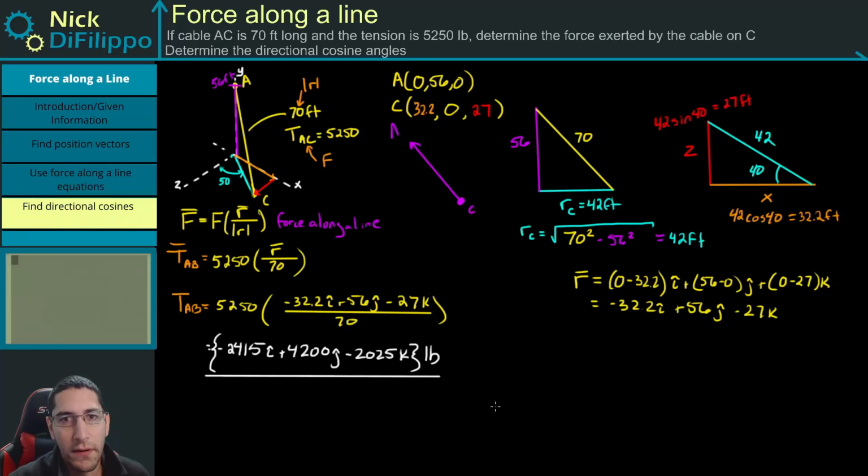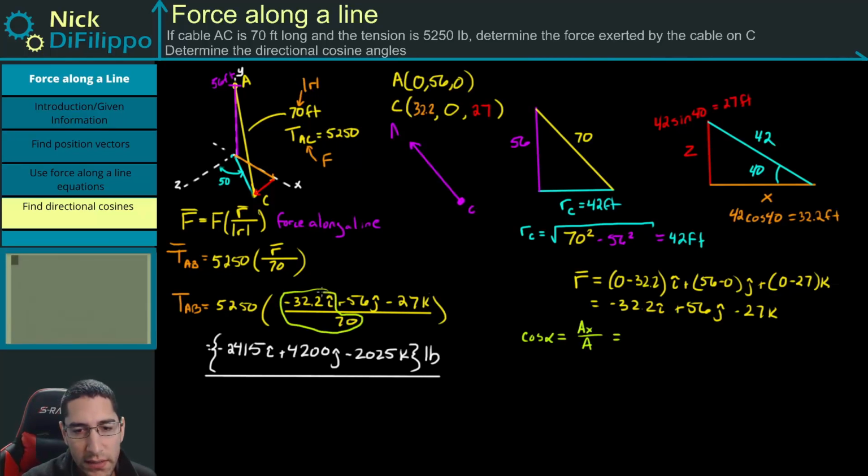So now we just need to figure out the directional cosines. And we have equations for these. So if I start with the cosine of alpha, and this is going to be equal to, well, it's the x component, so alpha goes with x. So in general terms, this is AX over A, my position vector. So this is going to be this part of the equation right here.